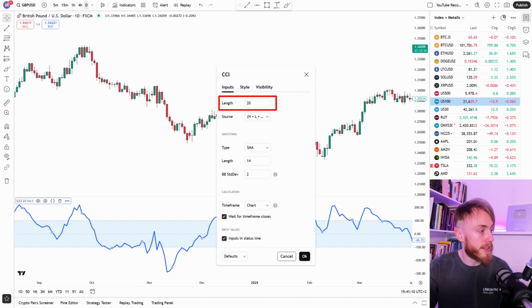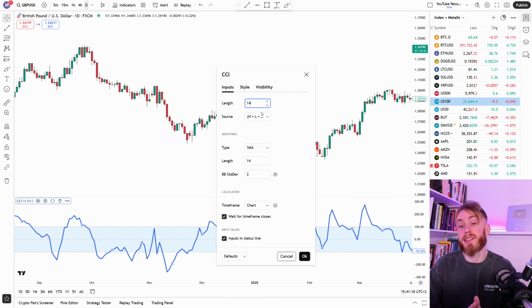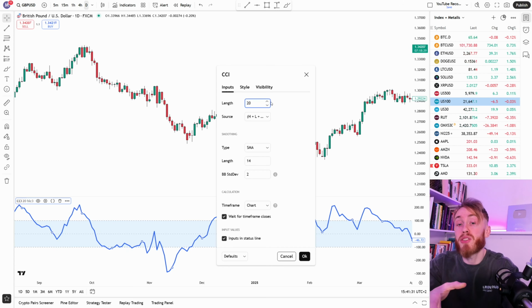The standard setting, remember from earlier in the video, is 20 periods, but you can also change it to 14. 14 is the length for the RSI indicator, for example, and many other indicators are based on 14. So that is why many traders prefer to change to 14. But I think the creator of this indicator actually used 20 as the base.